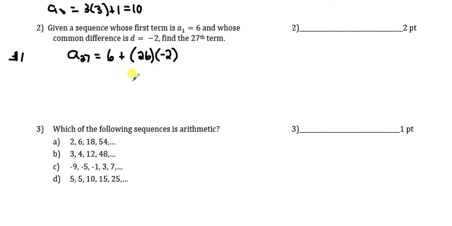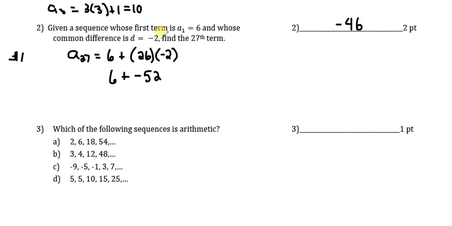That's 6 plus a negative 52, or 6 minus 52, which is my 27th term. So my final answer is negative 46 is the 27th term.